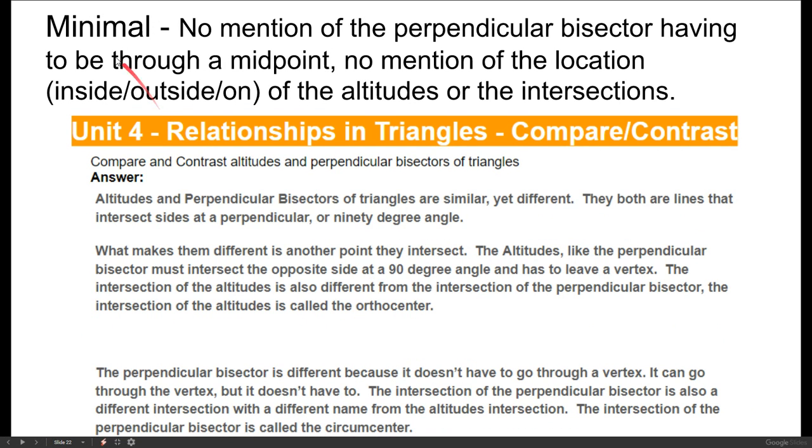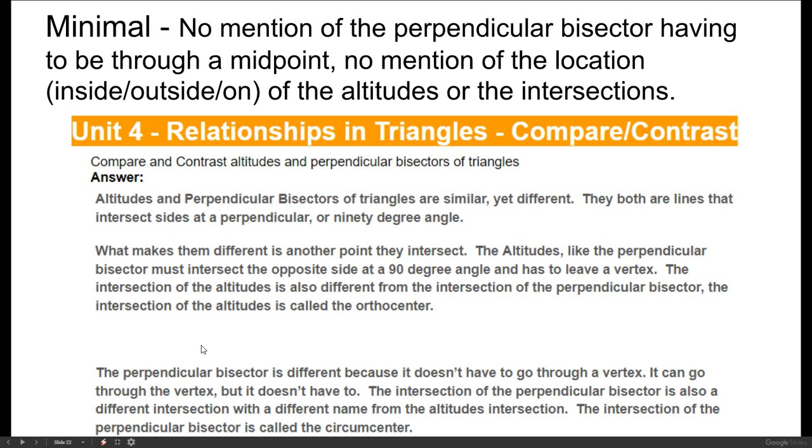When I look at this one, this is minimal. "Altitudes and perpendicular bisectors of triangles are similar yet different. They are both lines that intersect sides at a perpendicular or 90-degree angle. What makes them different is another point they intersect. The altitudes, like the perpendicular bisector, must intersect the opposite side at a 90-degree angle and have to leave a vertex. The intersection of the altitudes is also different from the intersection of the perpendicular bisector.